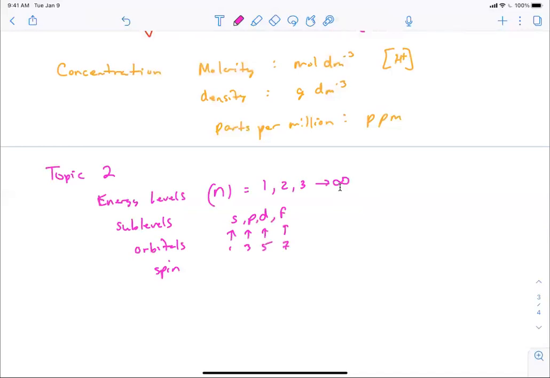And if you want the number of orbitals in any energy level, it's n squared. So whatever energy level you are in, if you square that value, that's how many total orbitals you should have based on the number of sublevels you have. And I think something that is overlooked is the idea that every energy level gains a sublevel.